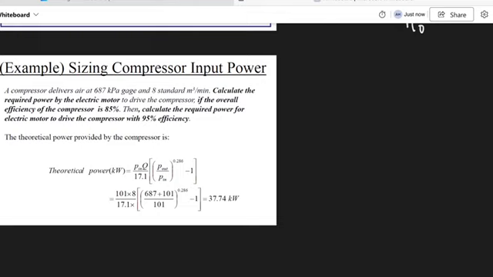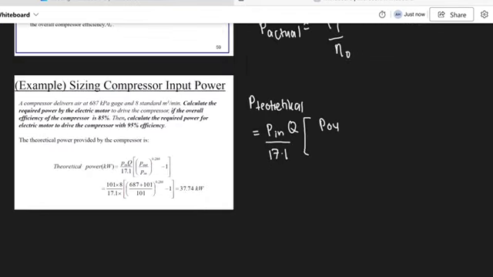First, we calculate the theoretical power, P theoretical, equal to P in times Q over 17.1, times P out over P in to the power of 0.286, minus 1.